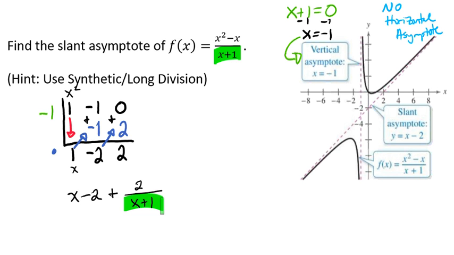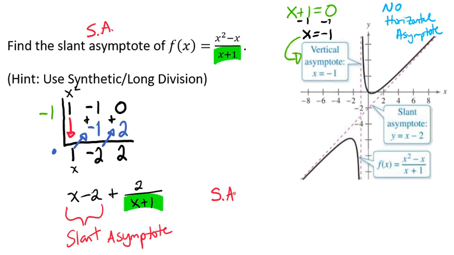Now this piece right here, this is our slant asymptote. We'll use SA for short for our slant asymptote. So we would say our slant asymptote is y equals x minus 2.